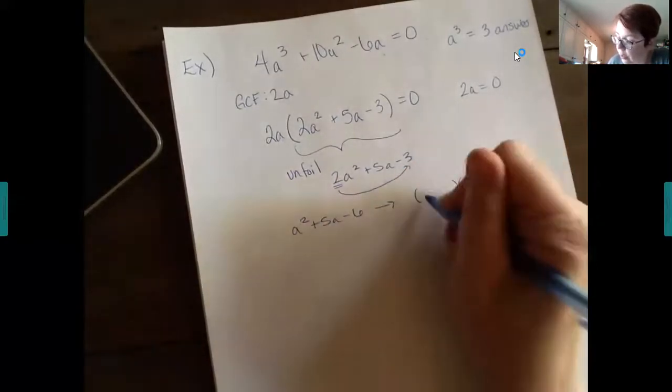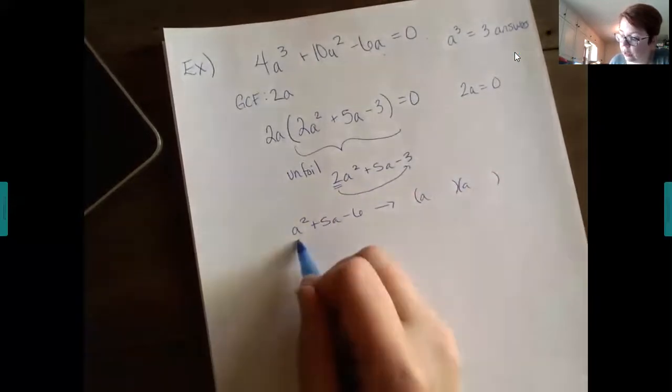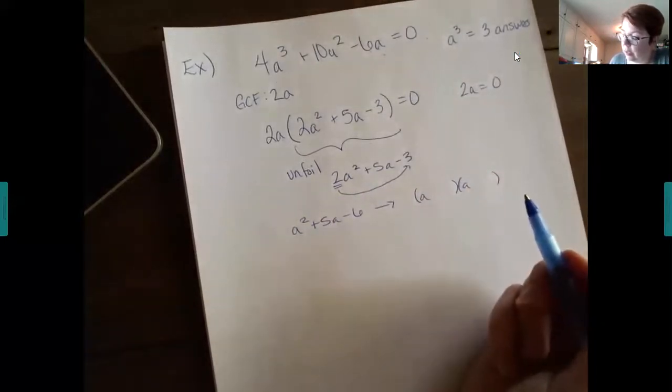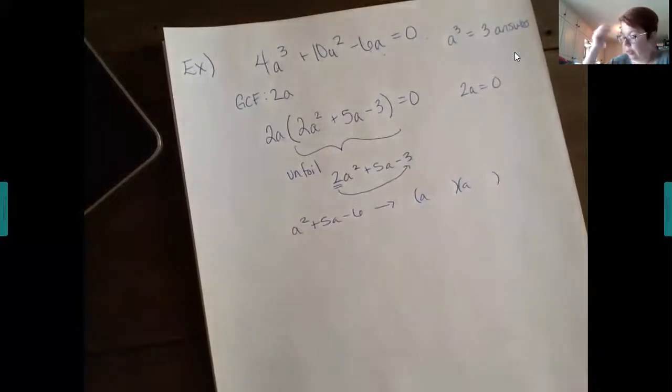So I know a times a gets us a squared. And what times what gets us a -6, but adds to get 5. So this one's a tricky one. A lot of times we think 3 and 2, because 3 times 2 does multiply to get us 6, and 3 plus 2 does get us 5.